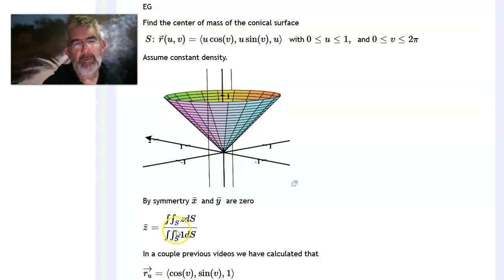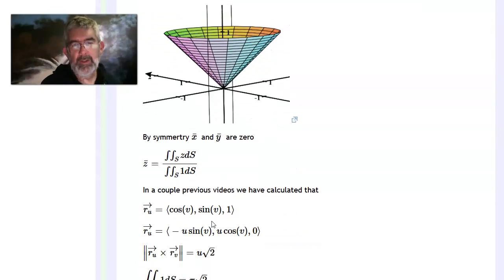It's unfortunate that I'm using S for the name of the surface and dS for saying this is surface area. Anyway, both of these are surface integrals of scalar functions. The bottom one is just the scalar function 1, and the top one is z.